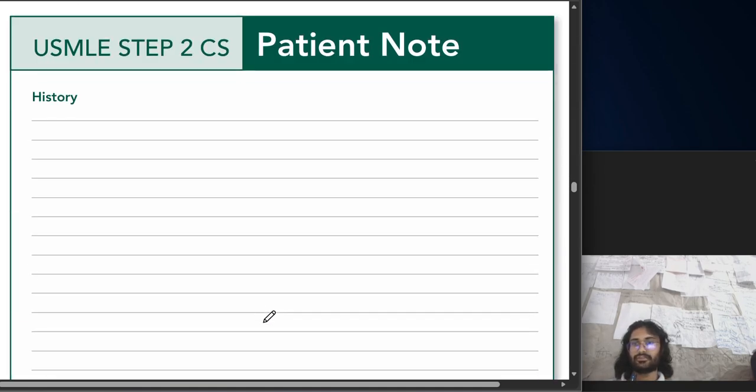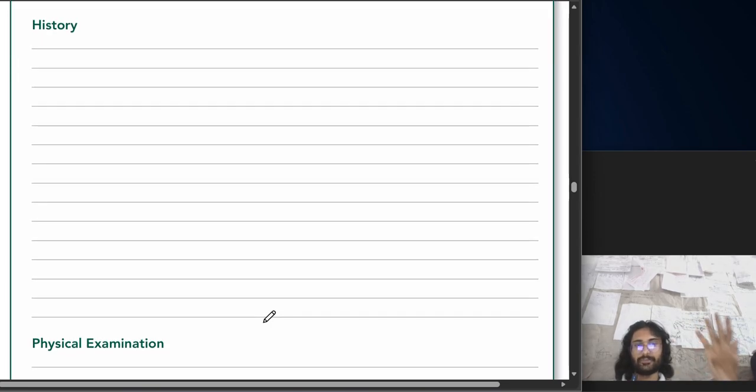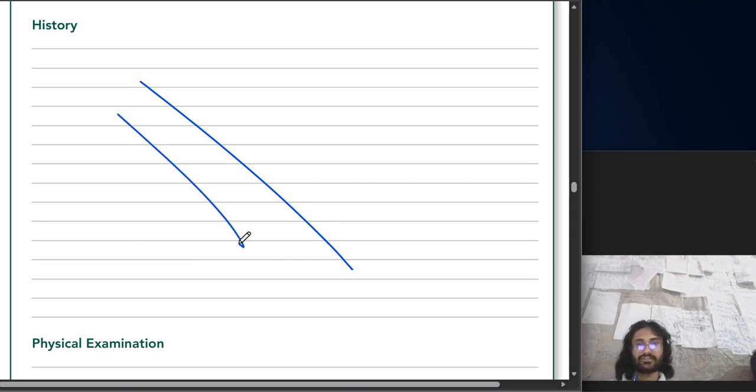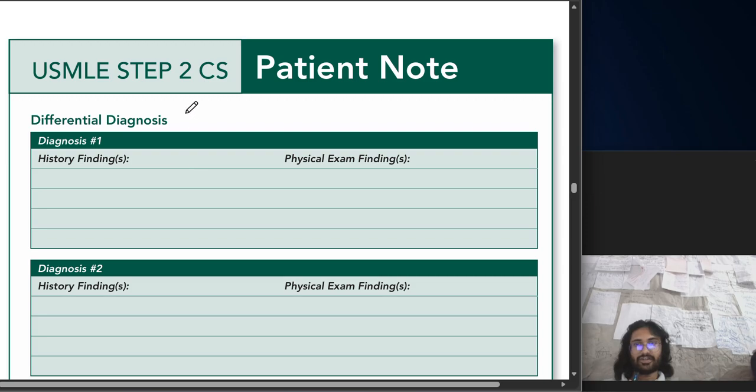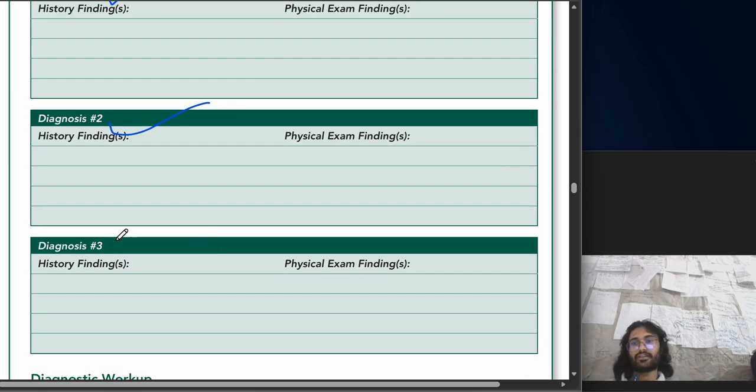So, this is how you get the paper on which you need to write everything. Okay, so you need to write history, the age of the patient, family history, medical history, every single thing. Then we do the physical exam, and whatever we noticed in our physical exam, you should write here. Then we go on to our differential diagnosis, the first differential diagnosis, the second differential diagnosis.